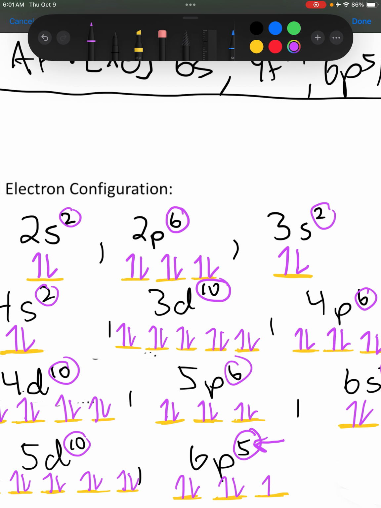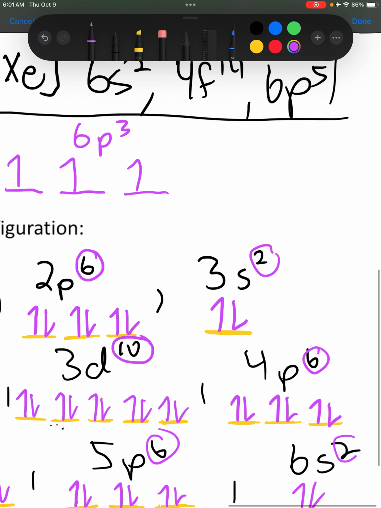All right, now I just want to talk about something really quickly. If that last bit of the configuration had been 6p3, that is when filling out your arrows like that becomes important, right? Because 6p3 should look like this. However, if you didn't know about the arrow thing, you wouldn't draw it like that automatically, right?